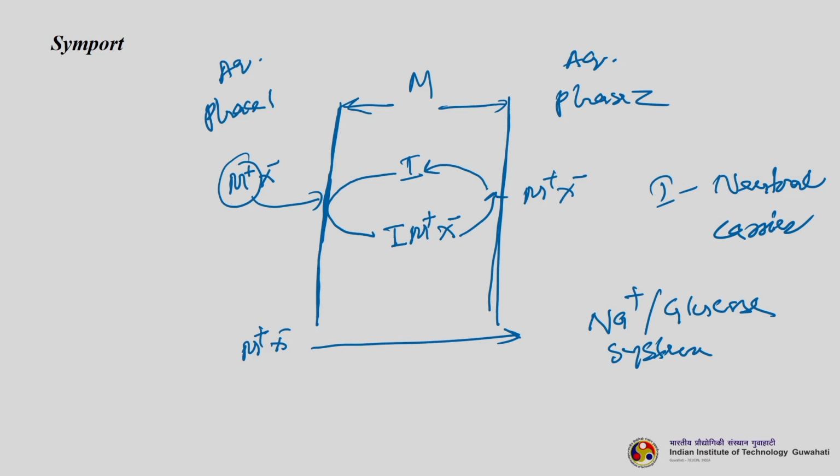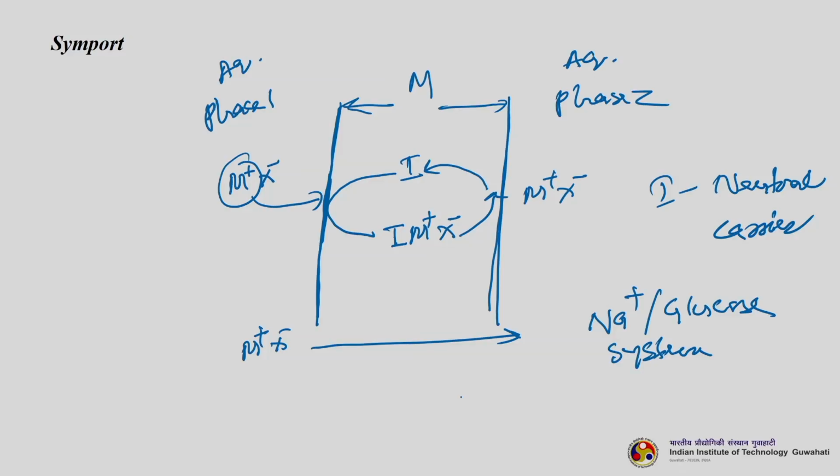Once the carrier releases the salt on that side, it gets renewed and comes back inside the membrane, and again associates itself with another molecule of the salt, forms a complex, and the process continues. So, this is in the case of symport.